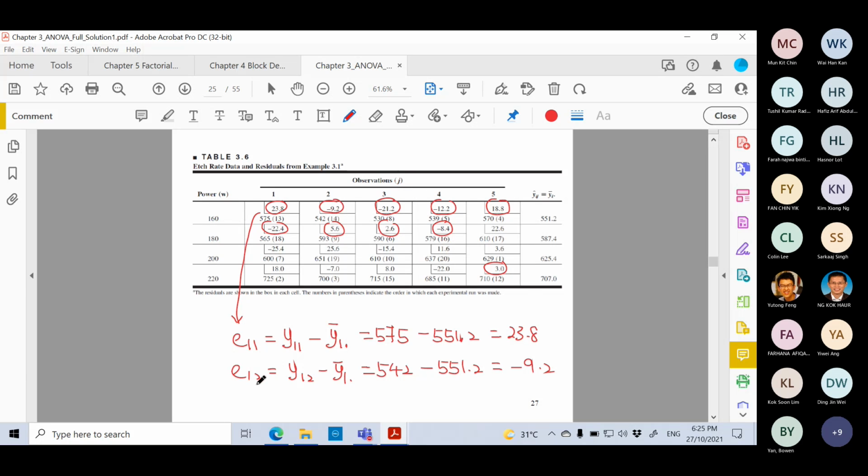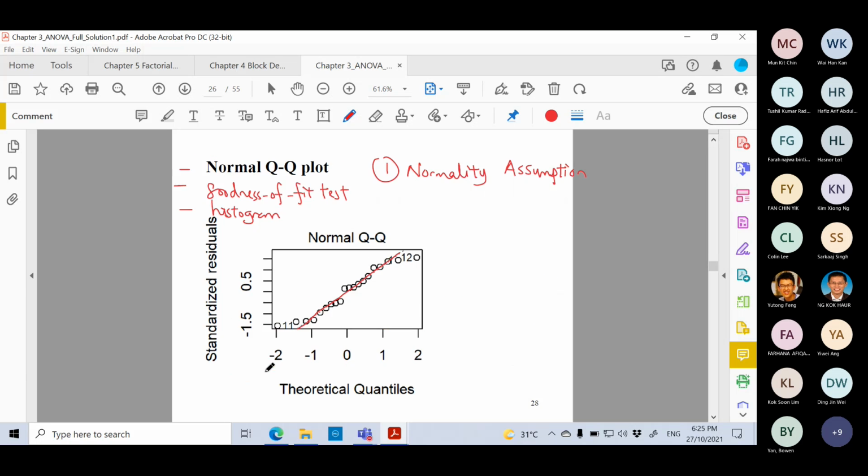Once you get your residue, then we can do the normal probability plot. This first one is the assumption on normality. If the points fall on the straight line here, then we can say that they follow the normal distribution. But sometimes the plot is not clear. Therefore, we need to carry out a goodness of fit test.